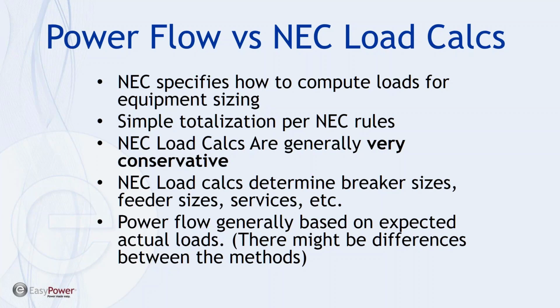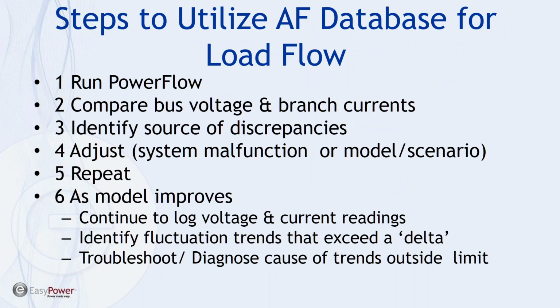You'll find that the utility company will supply much less capacity than the NEC may require that we design to. So power flow is generally based on expected actual loads, and getting into the details of it is the advantage of going through this discussion with an engineering resource.